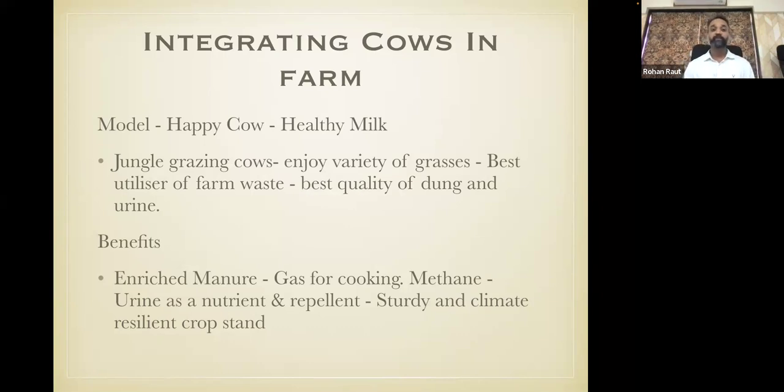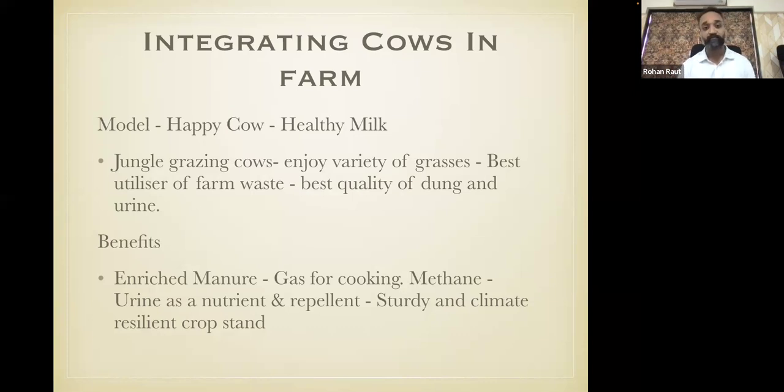Urine is a very good repellent, a source of various preparations which we use as repellents. It is also a very good nutrition source for my plants. Because of this integration, I could produce a sturdy and climate-resistant crop stand.